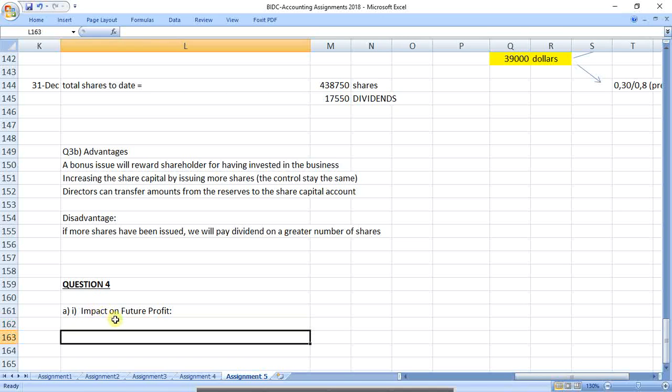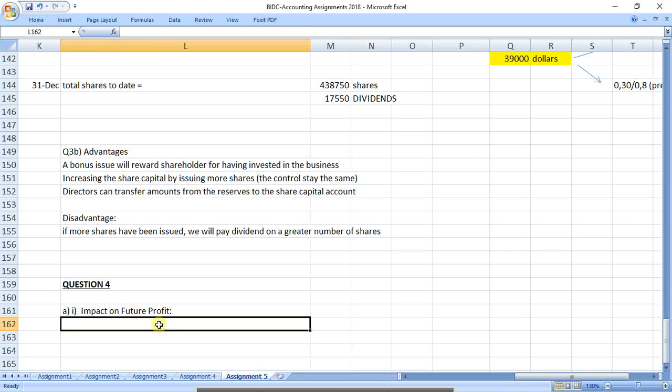So A Limited issued $80,000 5% debentures 8 years ago. The debentures are due for repayment in the next 2 years. The directors are considering the following two options to raise the necessary finance to repay the $80,000.